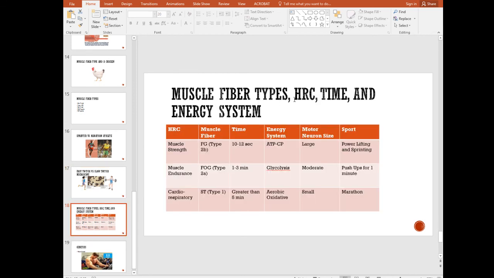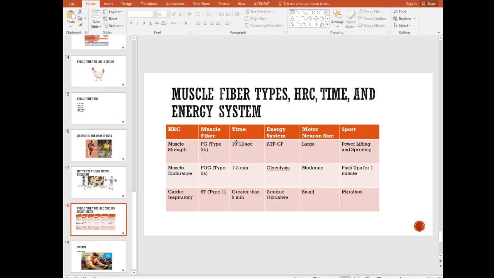And this is a really good way of explaining muscle fiber types, the health-related components, the time needed for the event, and the energy system used. So if we're talking about muscle strength, which is a health-related component we're going to get to, and that's what you want to specialize in, then you need to develop fast-twitch glycolytic muscle. That's that big, bulky muscle.